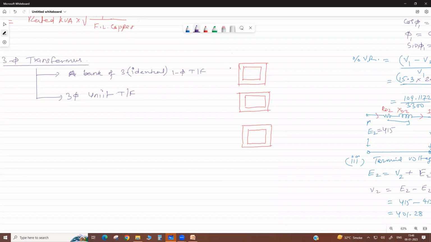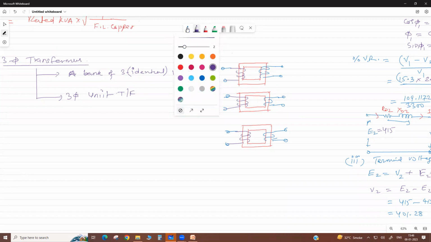Here, you know, there are three primaries, 1, 2, 3, and three secondaries.